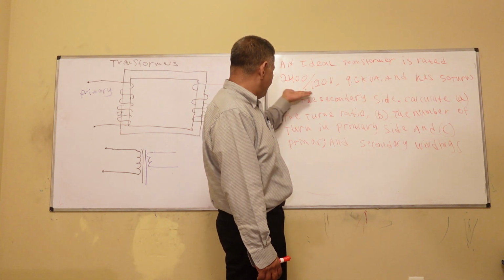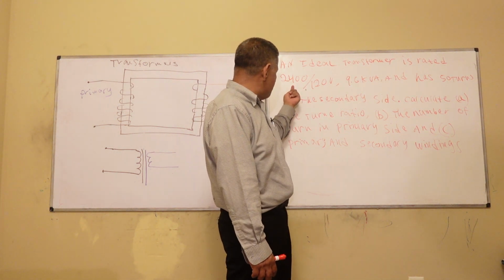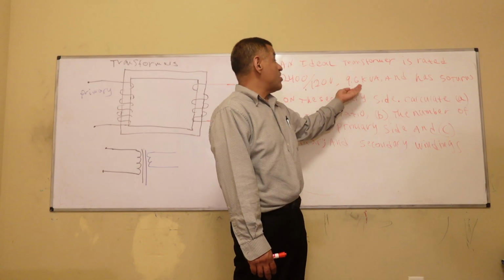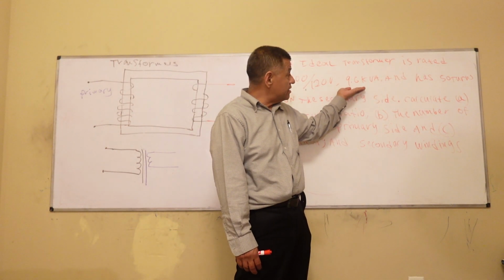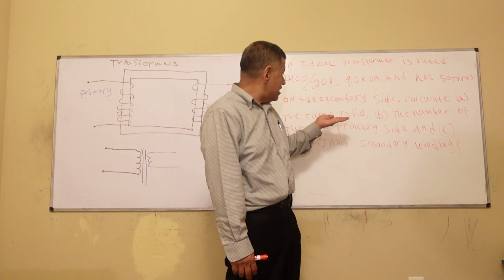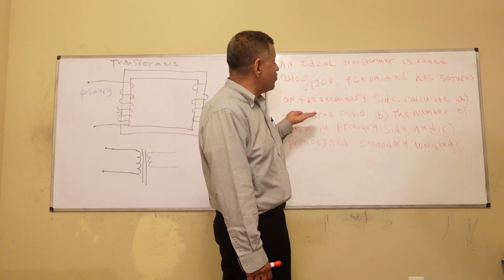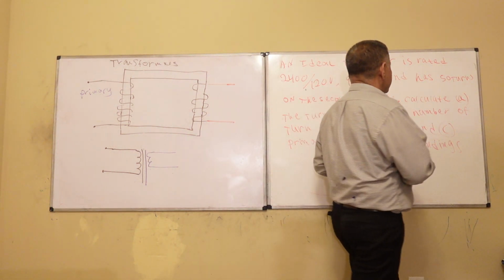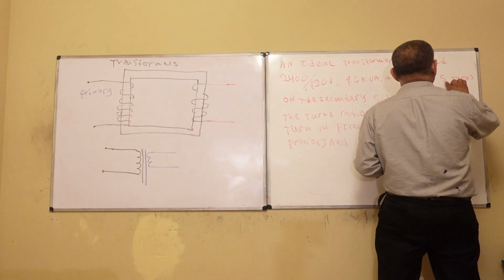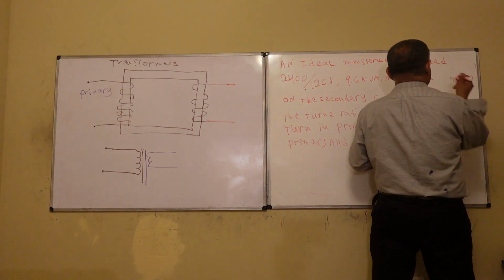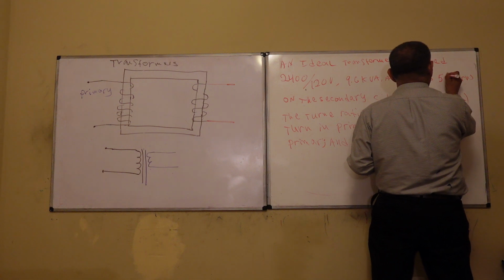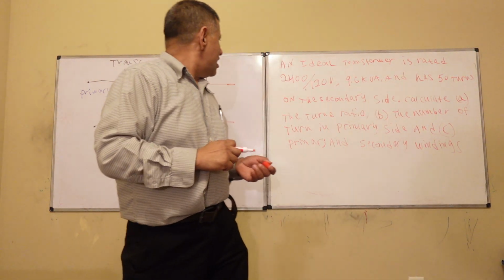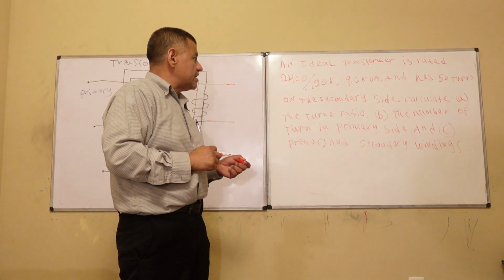We have the primary and the secondary rated volts. We have the kVA, right? And also we have 50 turns, let me just put it right here so it's more clear, on the secondary.